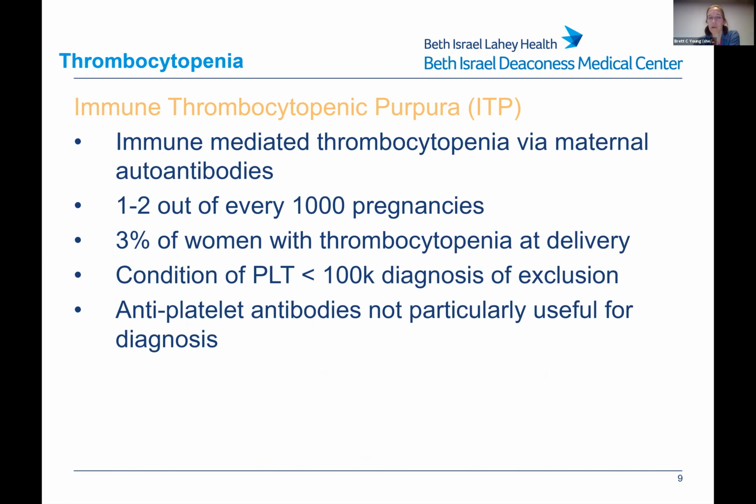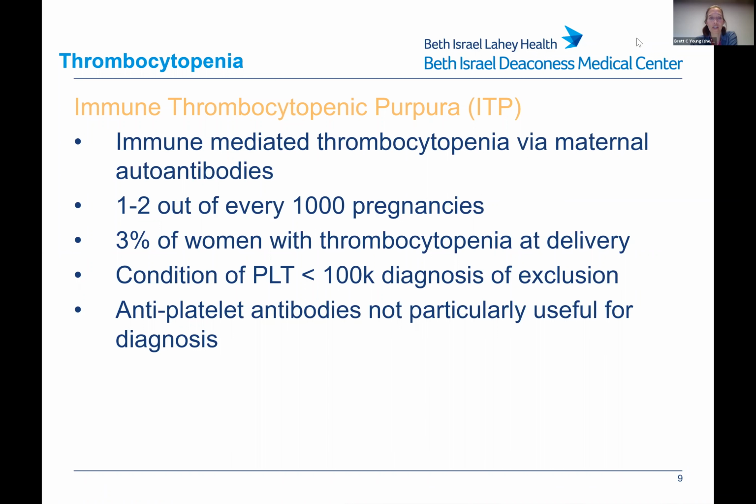So let's talk a little bit more about ITP, immune thrombocytopenic purpura, much easier to say ITP. ITP is caused by maternal autoantibodies, antiplatelet antibodies. It's immune-mediated thrombocytopenia and occurs much less frequently than gestational thrombocytopenia, in about 1 to 2 out of every 1,000 pregnancies.